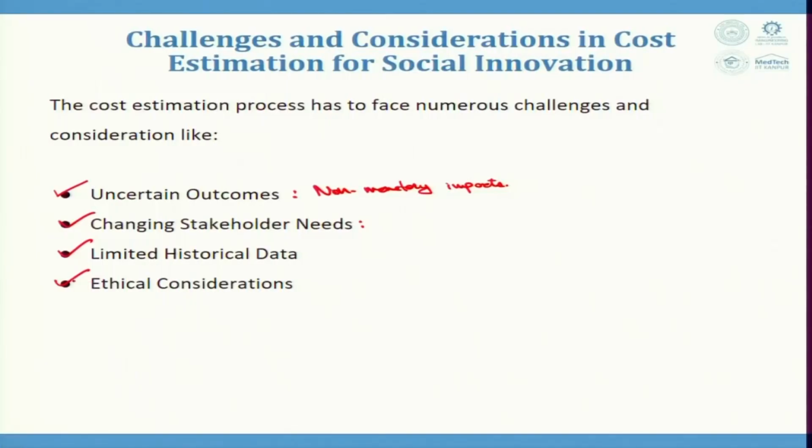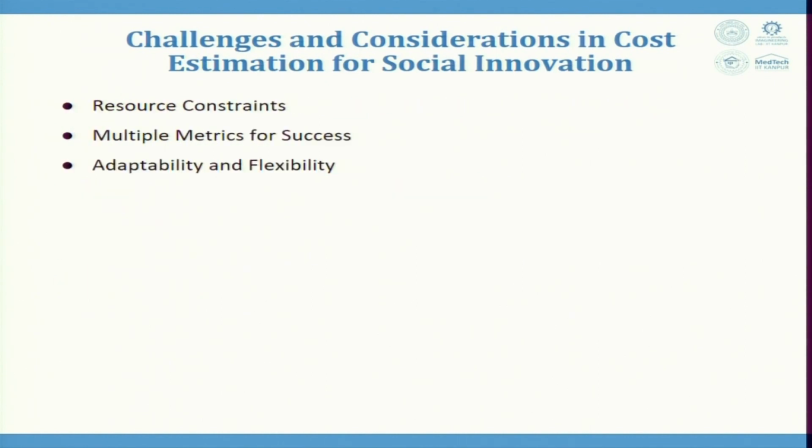So, ethical considerations play a very important role, and this is also a challenge when we talk about social innovation cost estimation. Then comes the resource constraints. Resource constraints means balancing impact aspirations with limited budgets, which calls for innovative cost-effectiveness strategies. So, when impact aspirations are high but the budgets are limited, then resource constraints are always there.